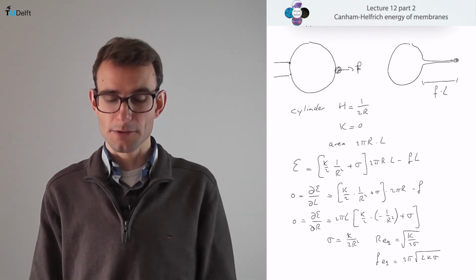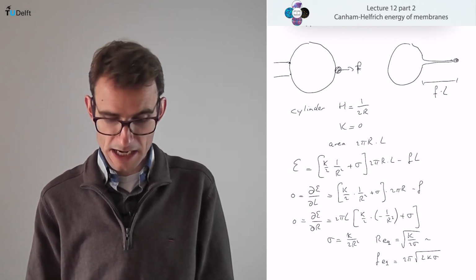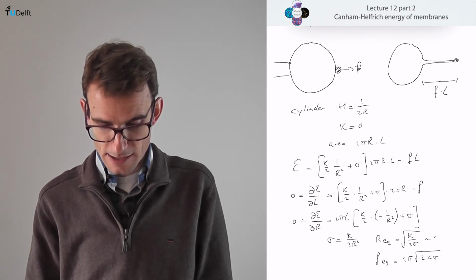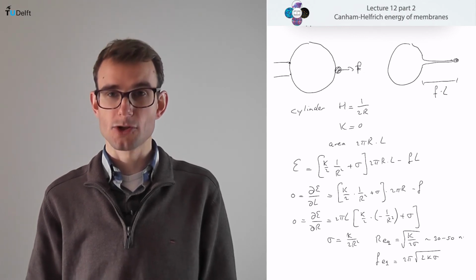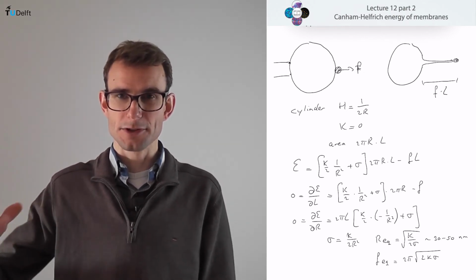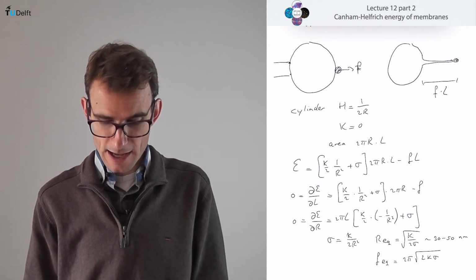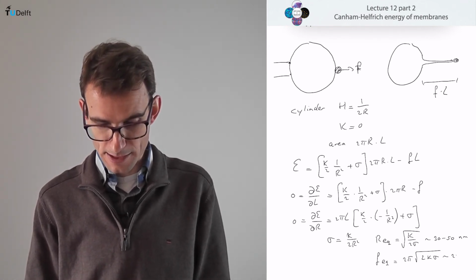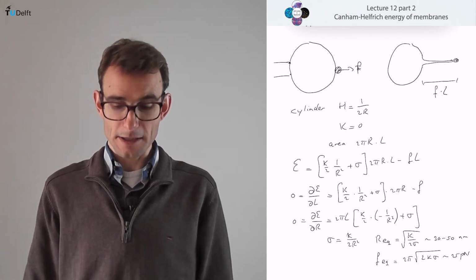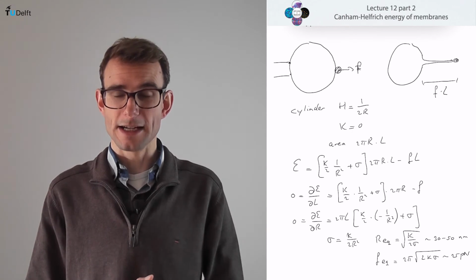If you plug these two numbers in, you will find a typical equilibrium radius between, say, 30 and maybe 50 or 80 nanometers, so much smaller than the lateral size of a membrane, but still significantly larger than its thickness, and a typical force on the order of maybe 25 piconewtons. And indeed, you can measure this, and this turns out to be exactly the case.